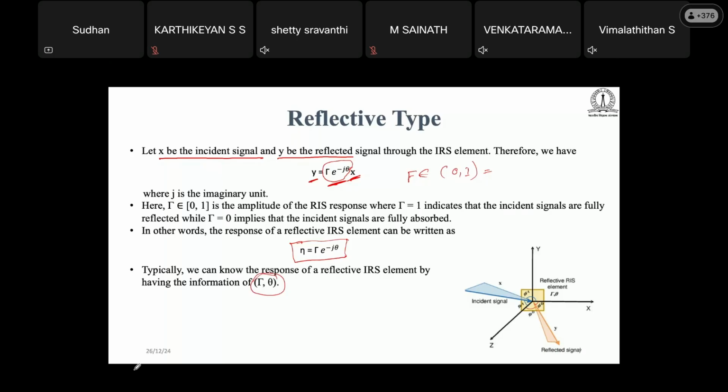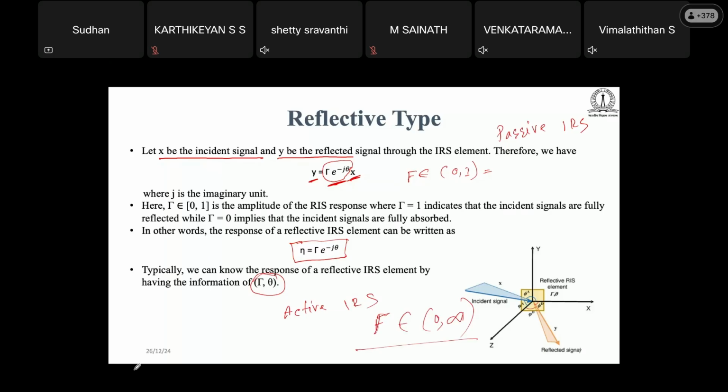So this is called the reflective type, and the reflection coefficient could be maximum 1, can be 0. That is for the passive IRS. But as I said, for the case of active IRS, gamma belongs to 0 to infinity.